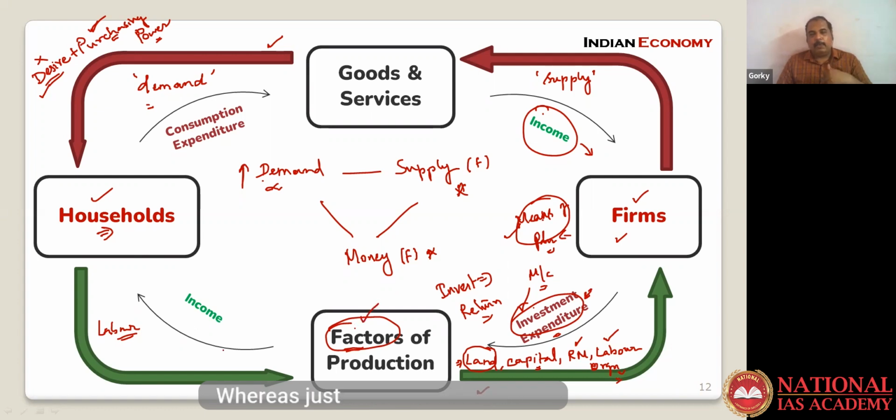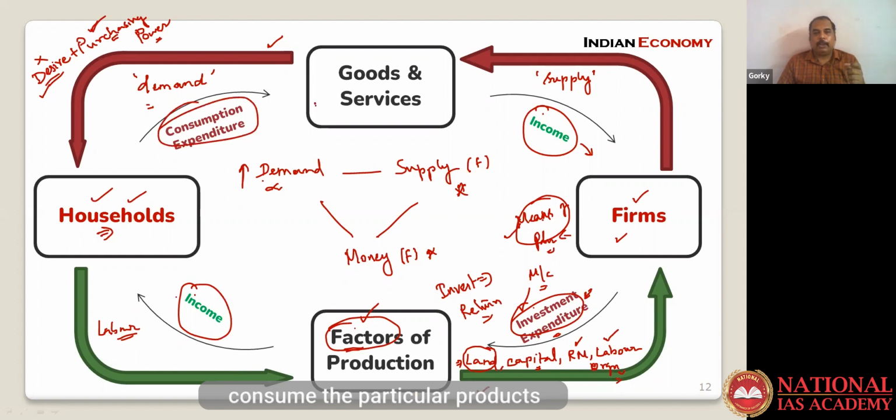Whereas, just because you sell your labor, just because you provide your land, all these wages, rent, interest, the purchase of raw material, profits, everything are acquired by the households as income because they are providing these factors of production, right? What they do with this income, they consume the particular products. That I call consumption expenditure because I consume.